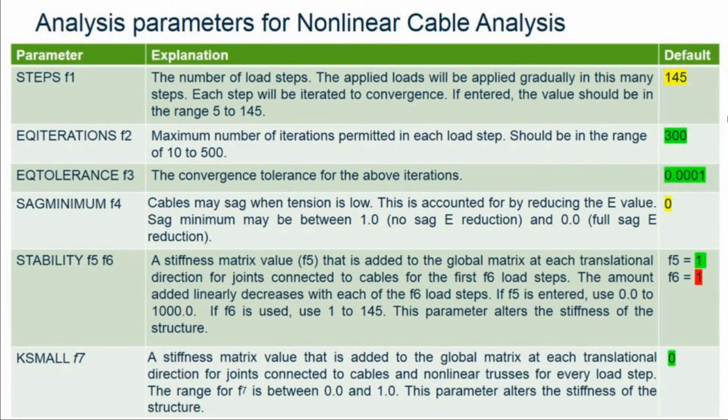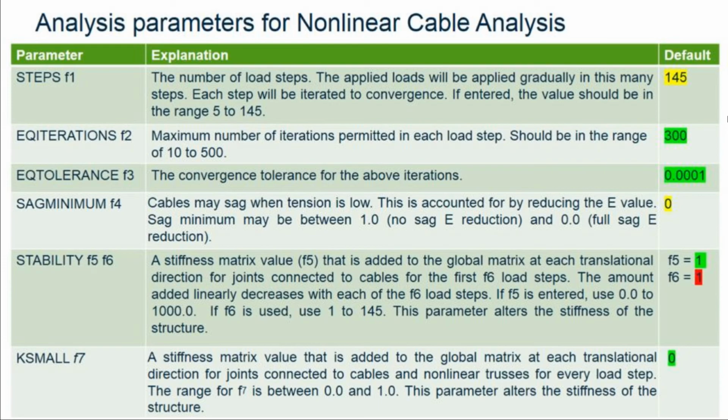This is a permanent spring that doesn't reduce to 0 like the stability parameter. So the K small parameter permanently affects the stiffness of the structure. That's why the range for F7, the K small parameter, is between 0 and 1. The default is 0, which is good.